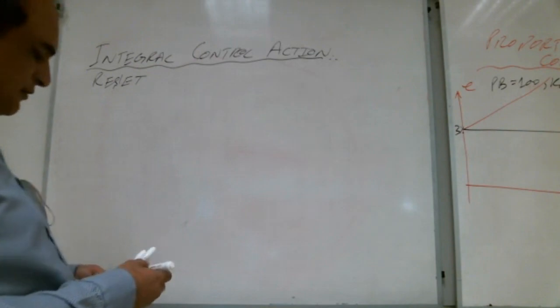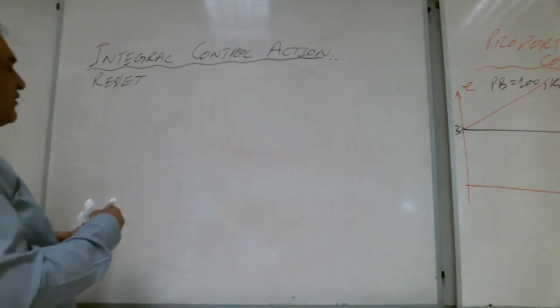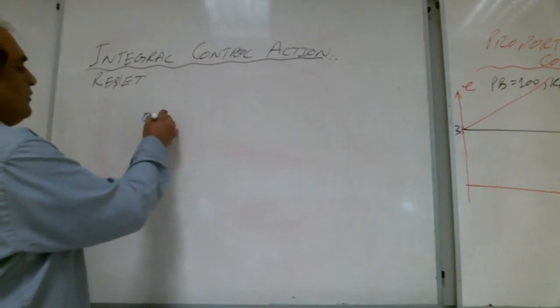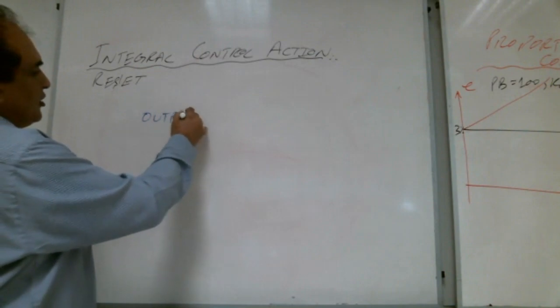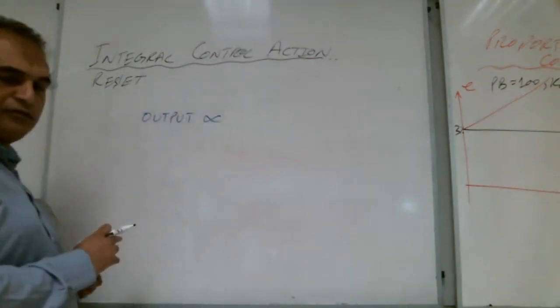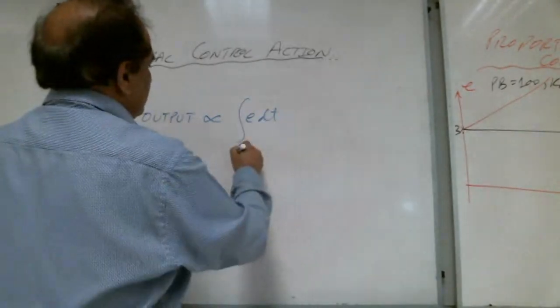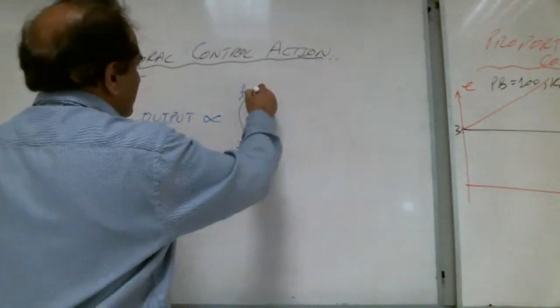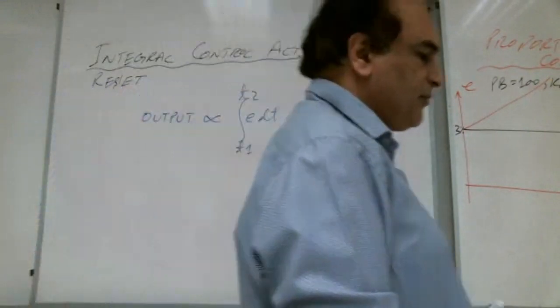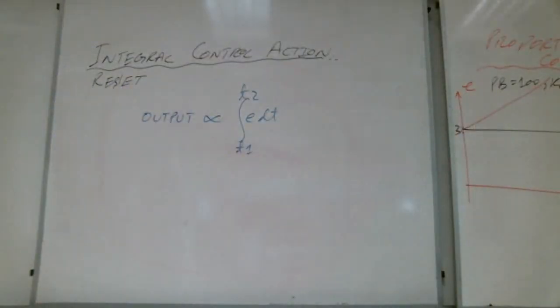So here what happens? The output of the controller is proportional to the integral of error. Output of the controller is proportional to integral of error.